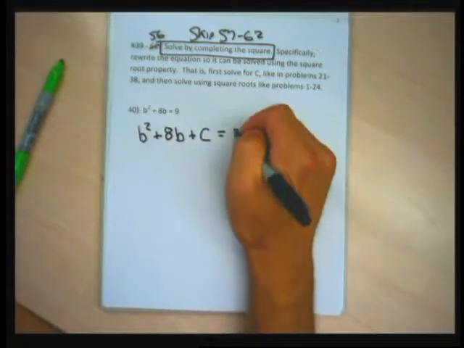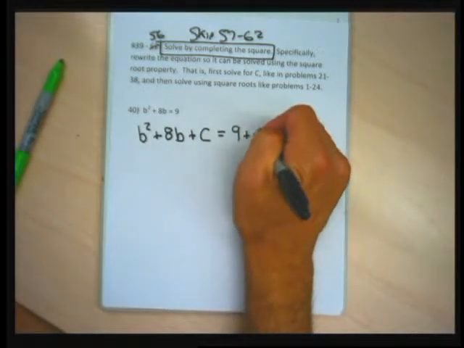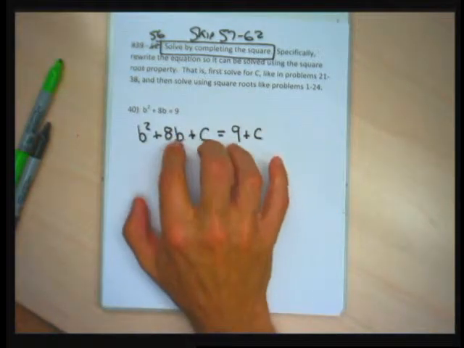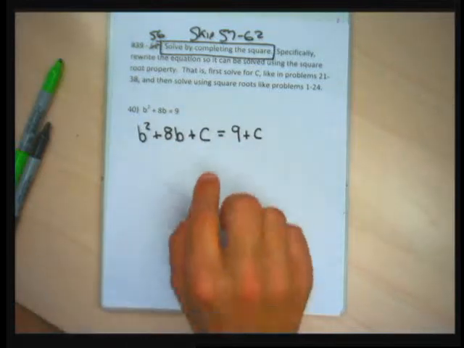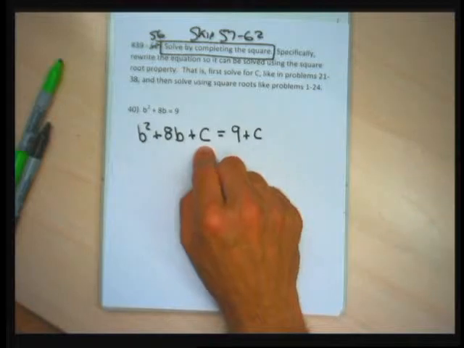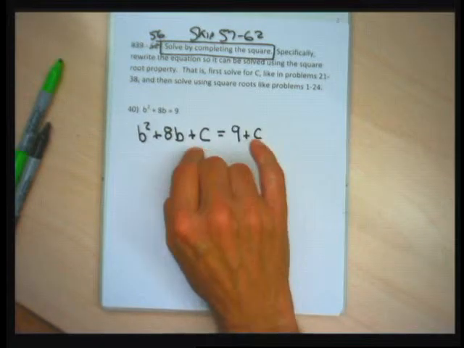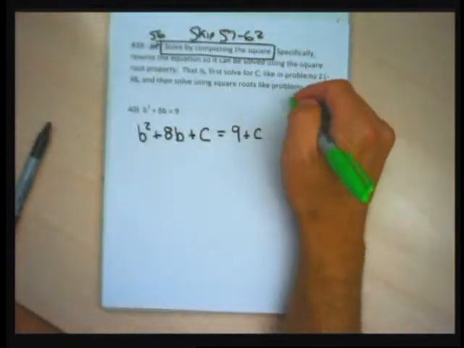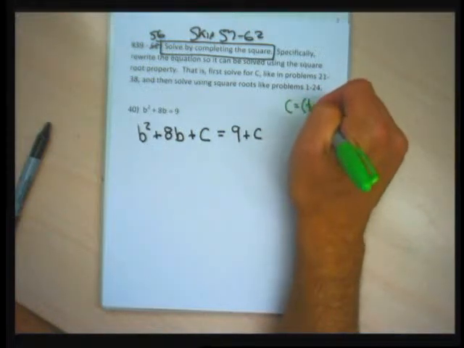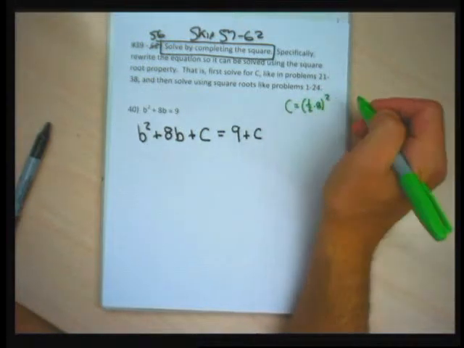And now because I have two sides to keep my equation balanced, I have to put a c on the right side. So I'm going to change these problems to look like the beginning problems or the middle problems that had the c's. And I'm going to find a value for c, and I'm going to add it to both sides of the equation. So in this problem, the c is going to be half of 8 squared.